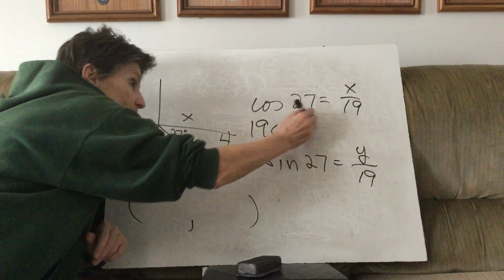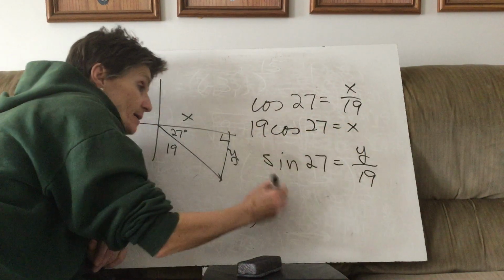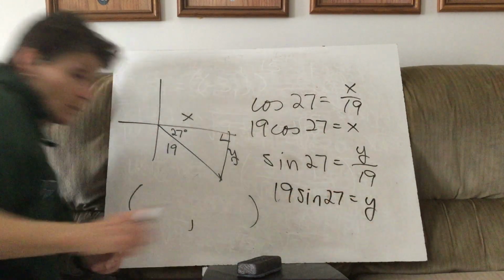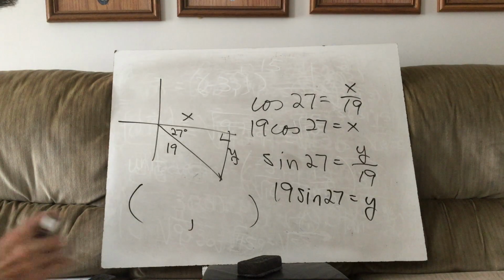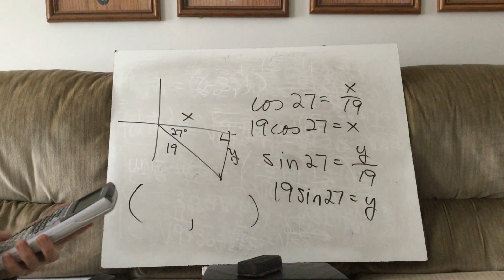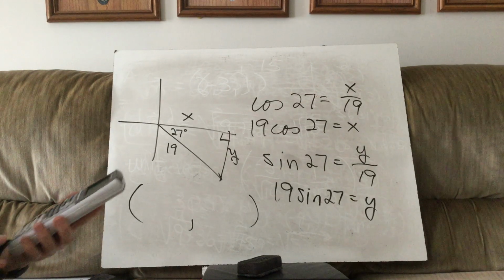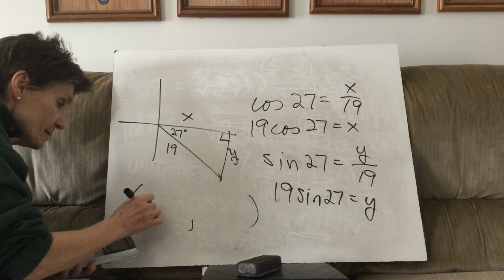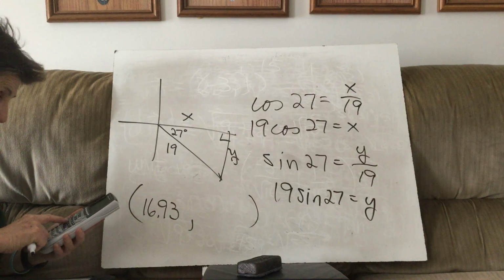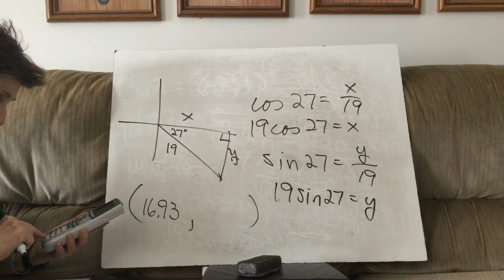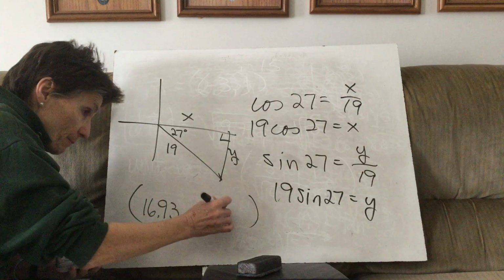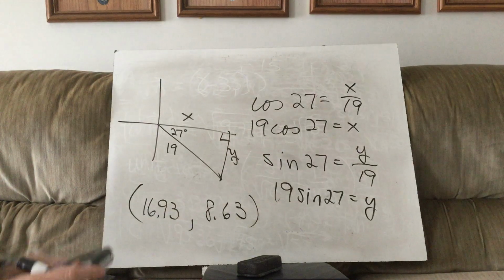So 19 cosine 27 is X, and 19 sine 27 is Y. 16.93 for the X and 8.63 for the Y.